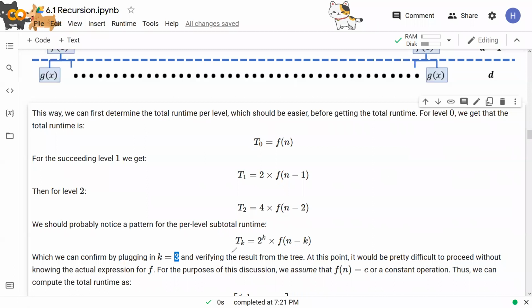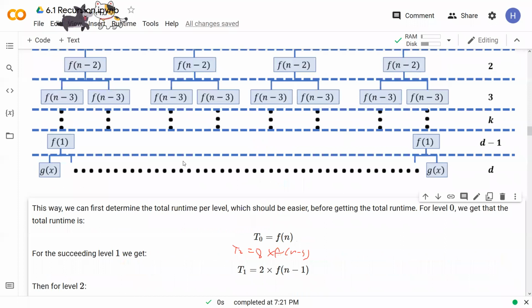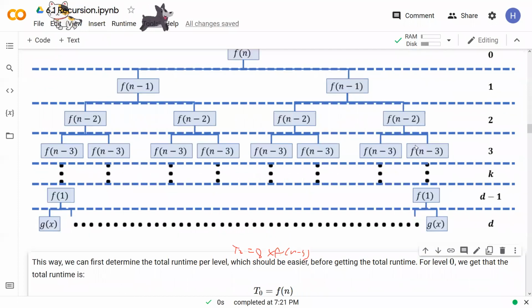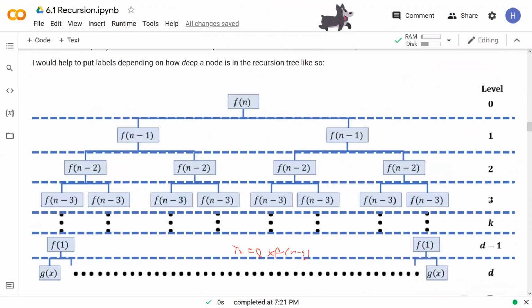That is, pag T of 3, that is 8 times f of n minus 3. Sorry, medyo pangit yung sulat. And when we go back dun sa ating recursion tree, we get, yun nga, 8 instances ng f of n minus 3 at level 3.